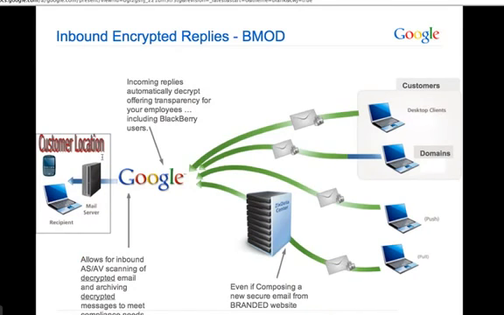On the return, as those messages reach our filtering environment, they're correspondingly decrypted and handed back to you, or handed over to your users in the clear. So as a result, your end users need not change their behavior in any way.